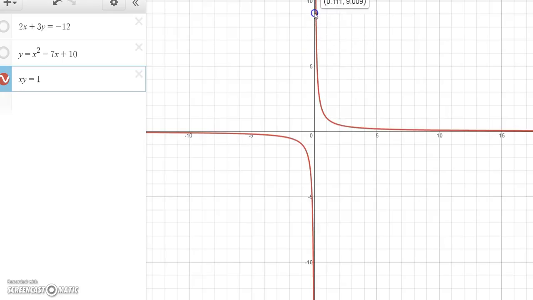You're never going to touch it or cross it. And the same thing over here. These are actually situations where you have what's called a vertical and a horizontal asymptote, which we talk about in a later lecture. But xy = 1 is a graph that has no x or y intercept.